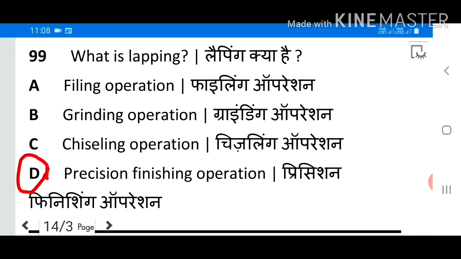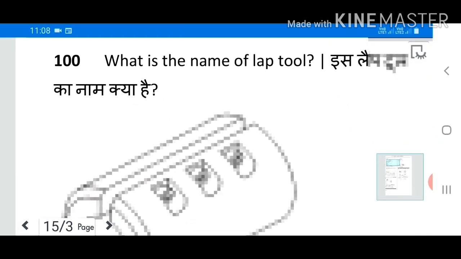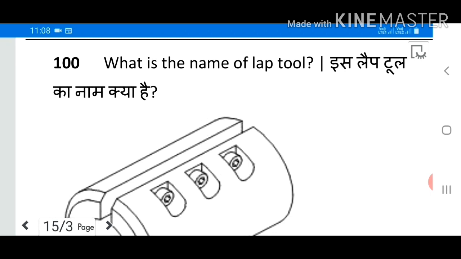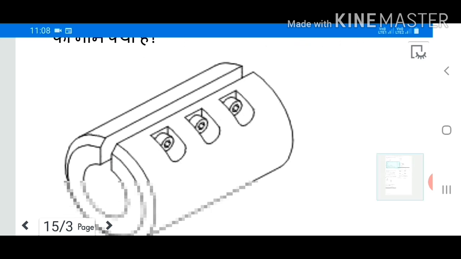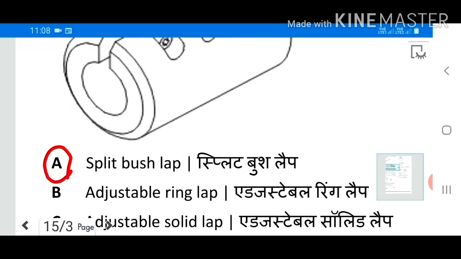Answer D. Precision finishing operation. 100. What is the name of lap tool? Answer A. Split bush lap.